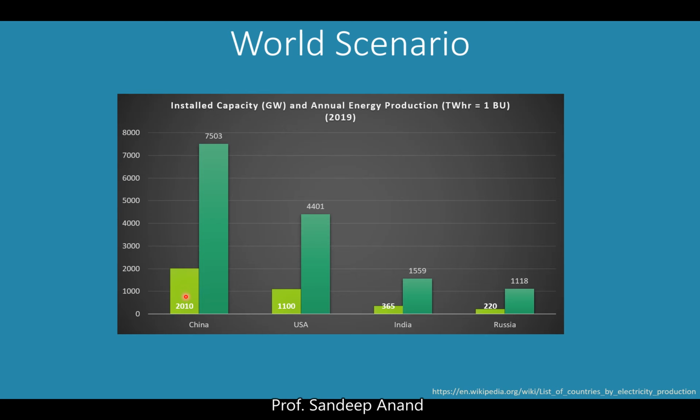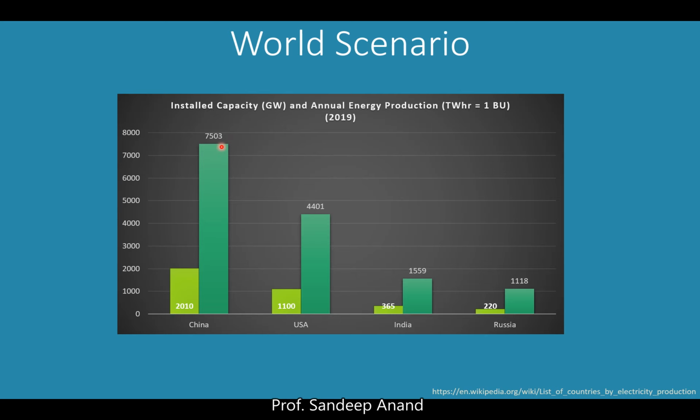So if you take this installed capacity and multiply it with 24, which gives you the gigawatt hour, the energy per day if this runs with full capacity, and then multiply it with 365, you would realize that you get a value which is much higher than 7503 terawatt hour.